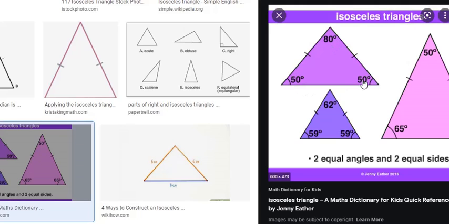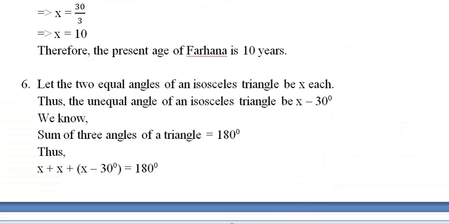So this is x, this is also x, and this will be x minus 30 degree. You can draw the picture in your copy as I'm explaining, so that you can understand in a better way.